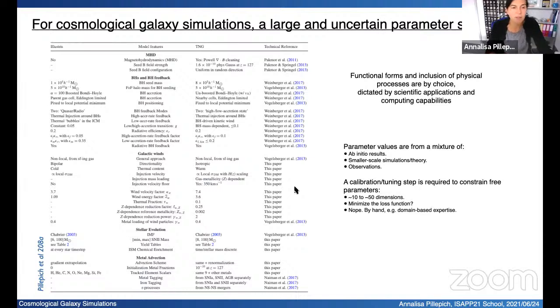There are various practical ways in which people have done this calibration and tuning step. The idea is to pick 1, 2, 3 observational constraints on the galaxy properties to fix the model, and then to run the best possible simulation you can with this best model that you have found.